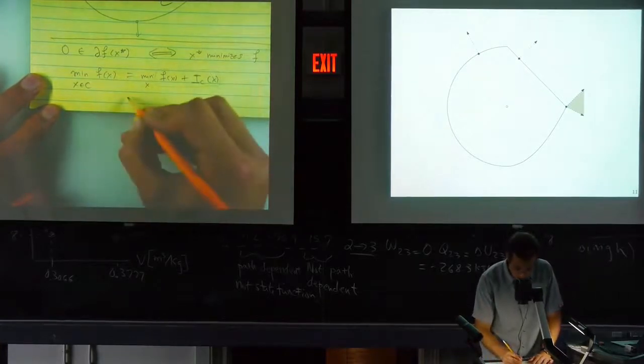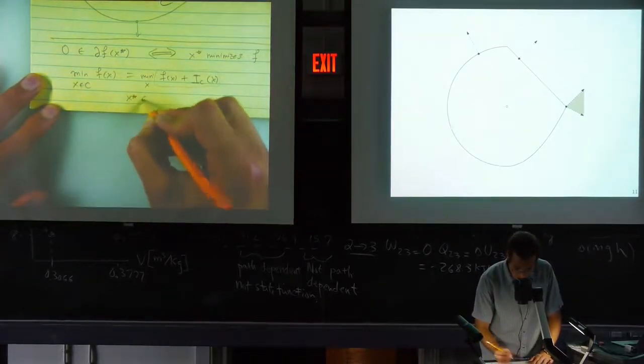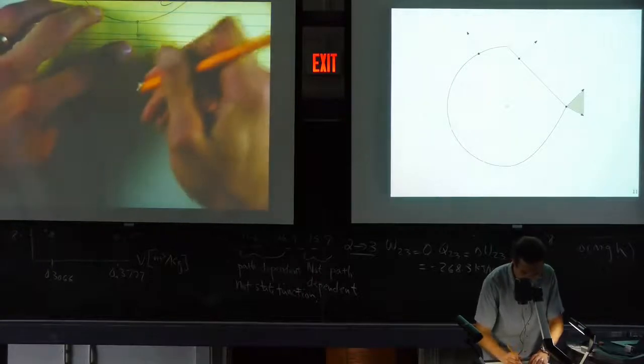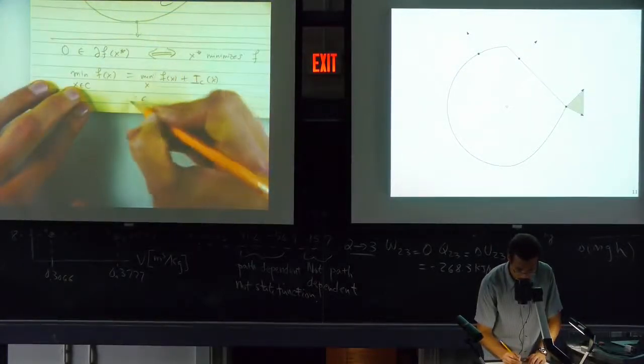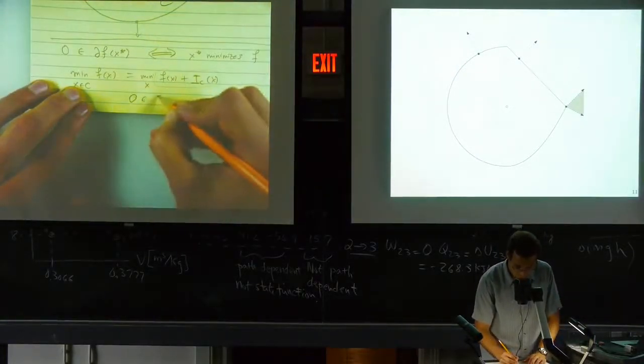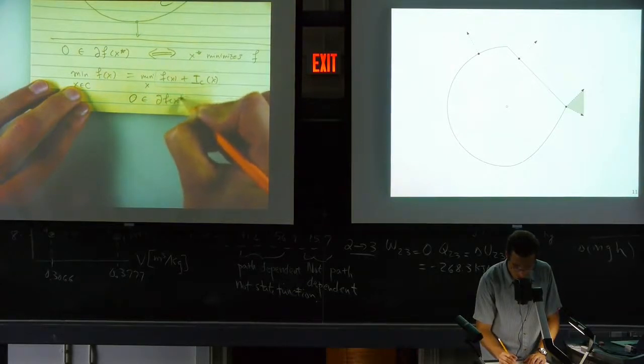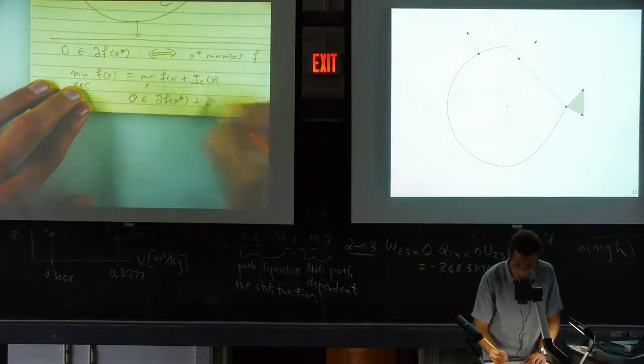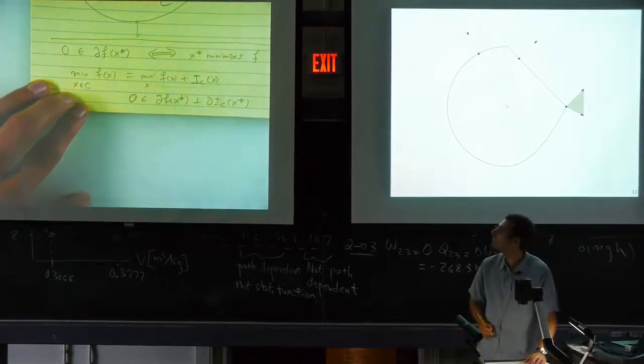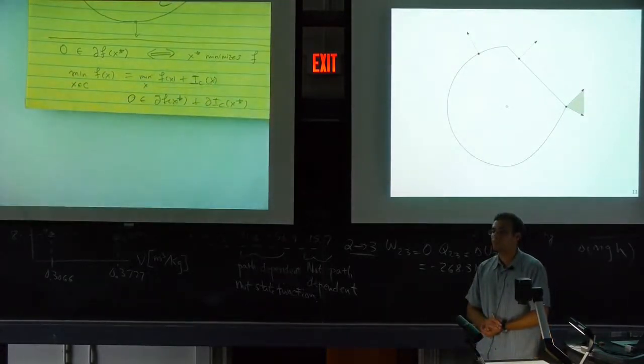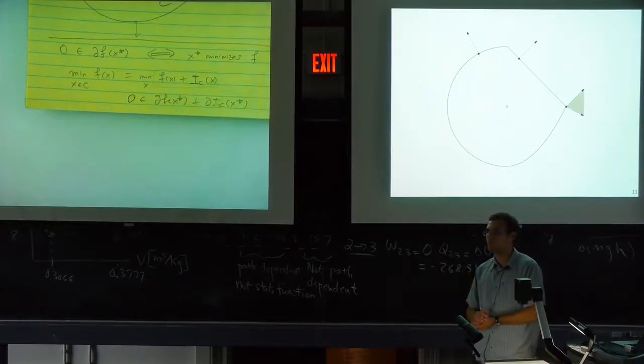So I just need to check whether or not 0 is in the subgradient of f at x star plus the subgradient of the indicator function at x star. And if that's the case, then I can solve a constrained minimization problem.